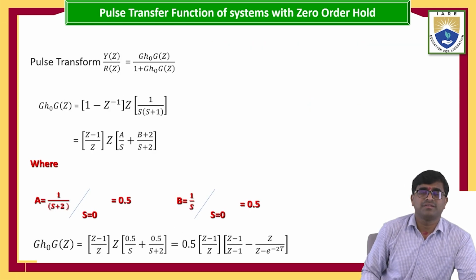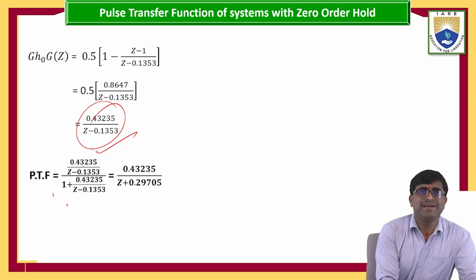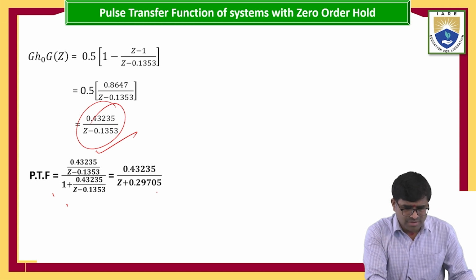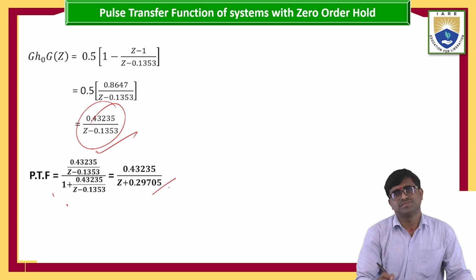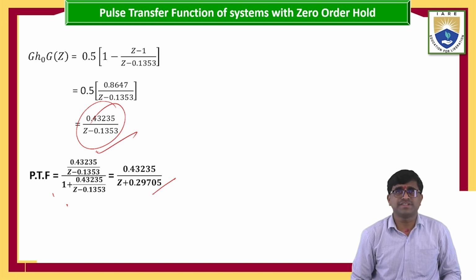Yes, negative feedback. So 1 plus the above value, by the above value divided by (z minus this value). Finally we got 0.4325. This is your pulse transfer function for the feedback path function with unity feedback.